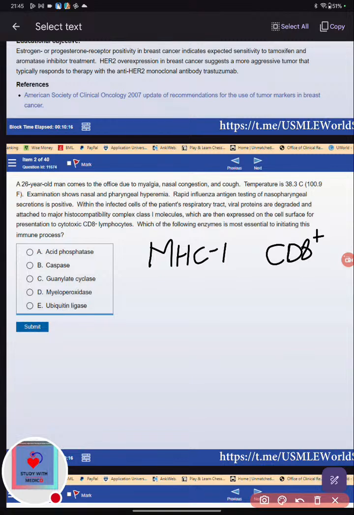Which of the following is the most essential to initiate the immune process: acid phosphatase, caspase, guanylate cyclase, myeloperoxidase, or ubiquitin ligase?